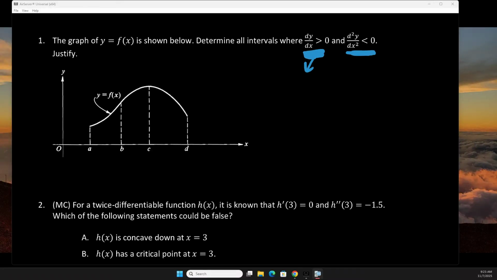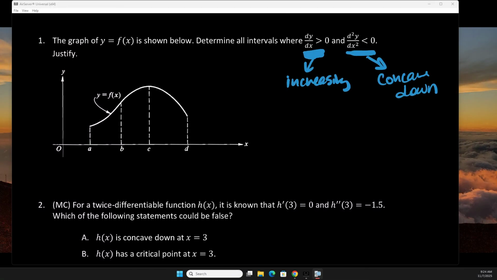So if the first derivative is positive, what does that mean for the graph? What is it doing there? Increasing. It's increasing, good. All right, what about the second derivative negative? What does that mean? Good job. Alright, so see if you guys can find a section between A and D where that happens.